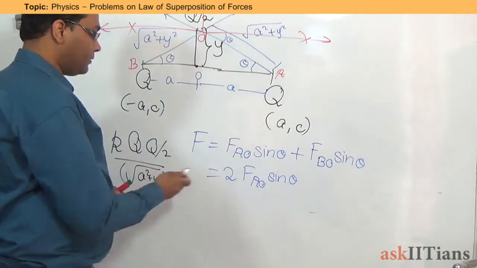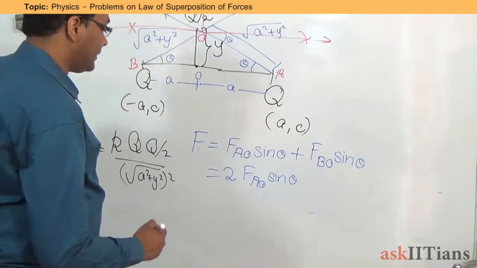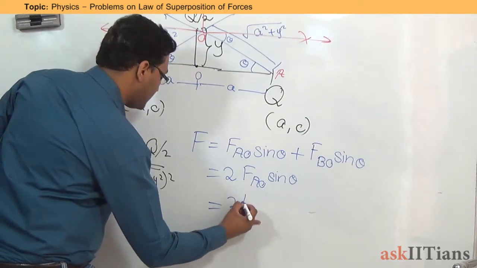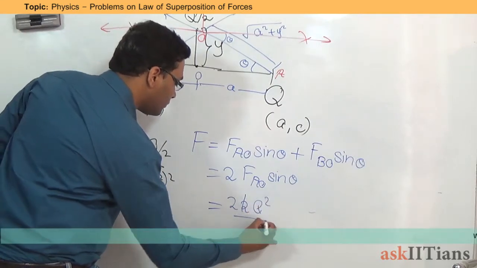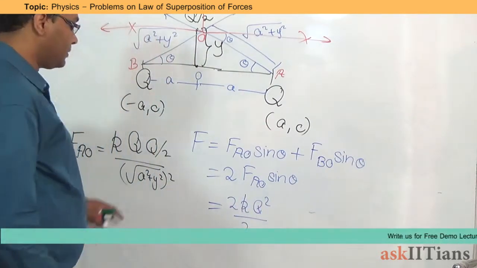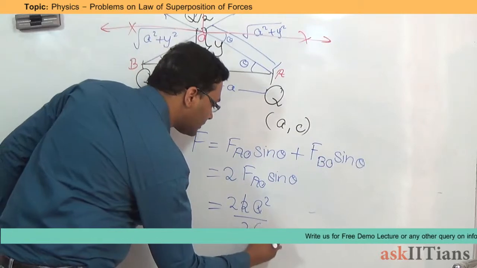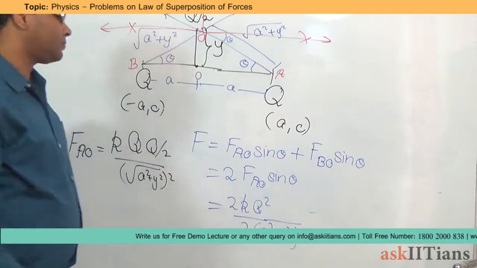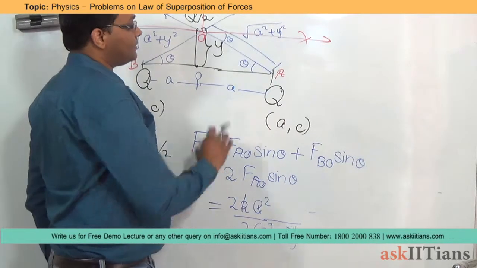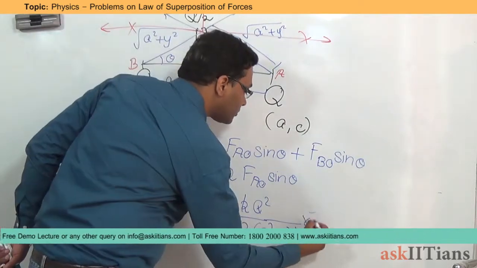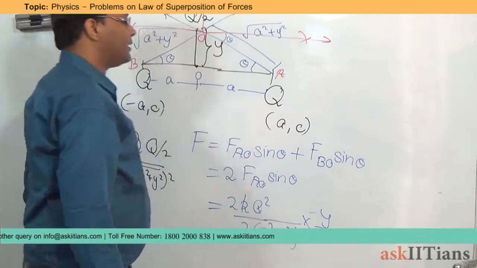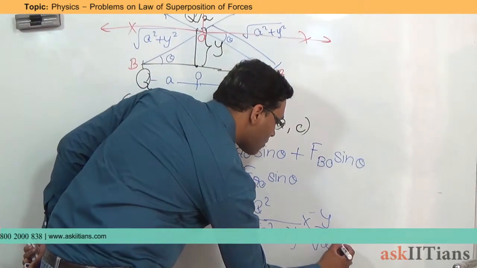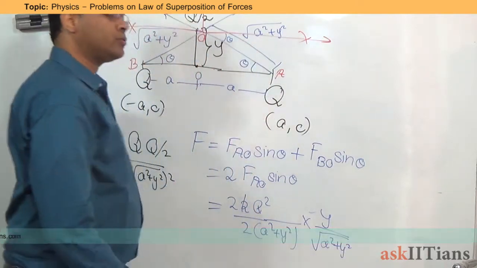If we put that in here, we get twice k Q square divided by 2, over a square plus y square, into the sine theta value. Sine theta is vertical, so it's going to be y divided by root over a square plus y square.